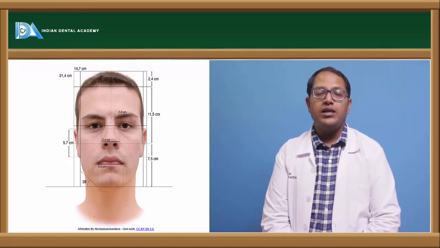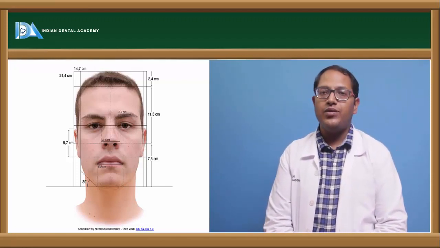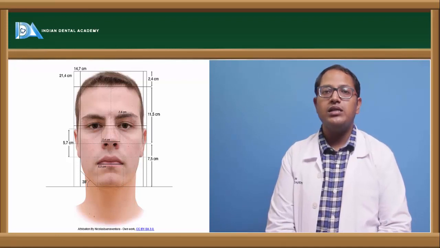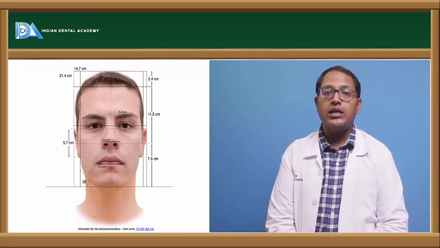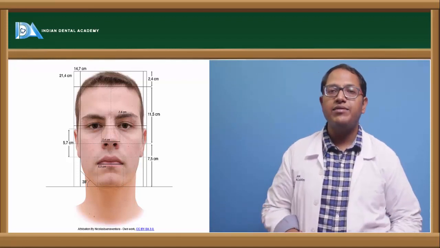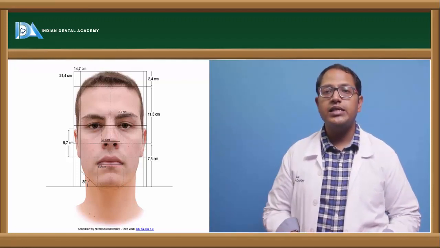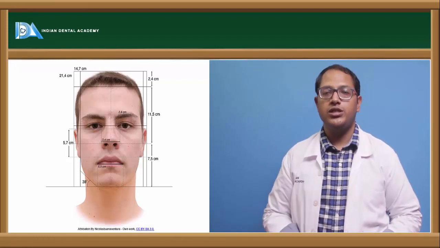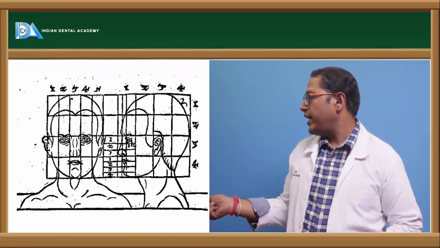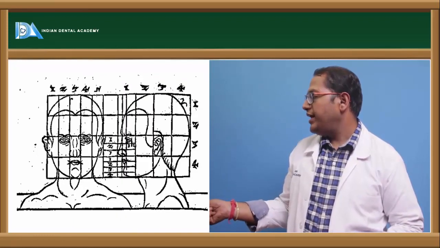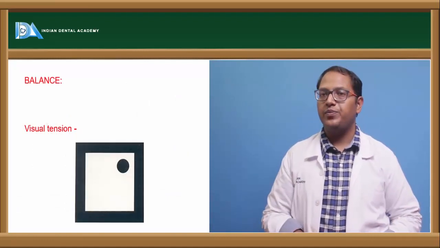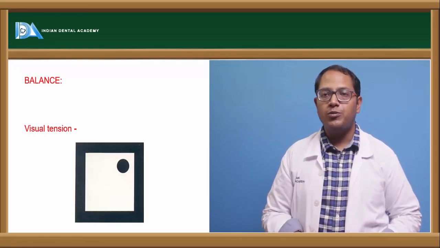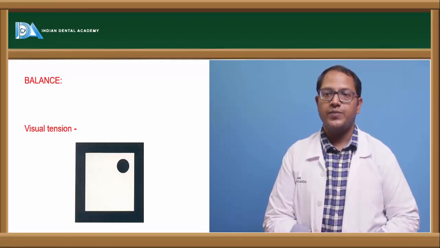For example, central incisor to lateral is 1 to 0.67, and 0.67 to 1, so with 0.67 the ratio is increasing. That is called golden proportion. Every face, every object when in golden proportion will look aesthetic. Once it's not in golden proportion, of course it doesn't look aesthetic.